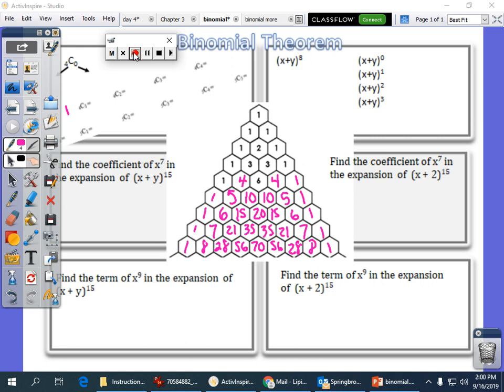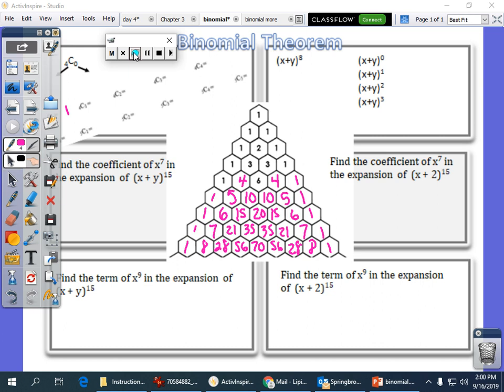I don't give you any of this. You have to remember how Pascal's triangle looks, and you write it up in the corner of your test. Would that be helpful? No. So I'm showing you how this came about and how to do it a different way. I'm going to show you some shortcuts that link back to this.